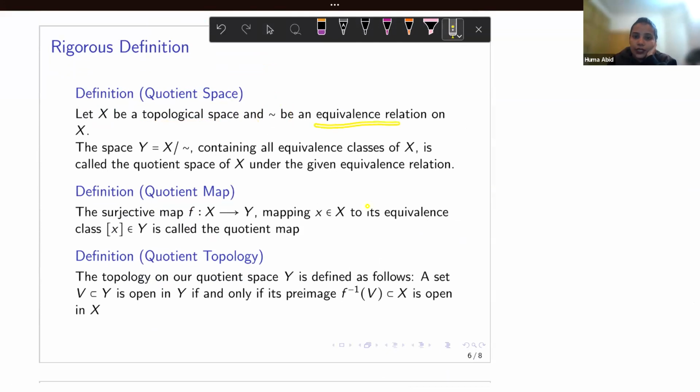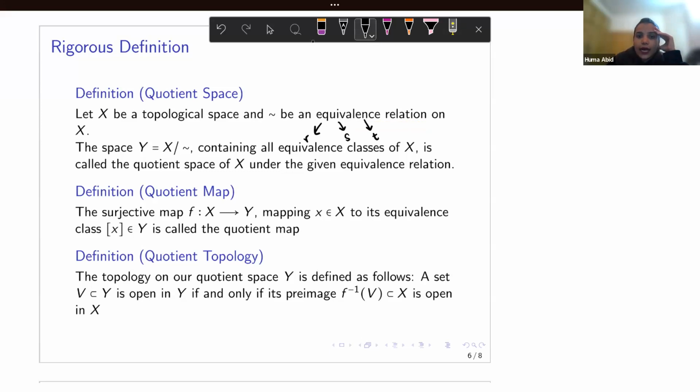Now, equivalence relation is a mathematical term. If you're not aware of it, it's simply a relation, any kind of way to relate two elements, which is reflexive, symmetric, and transitive, right? You can look this up if you're not already aware of it.